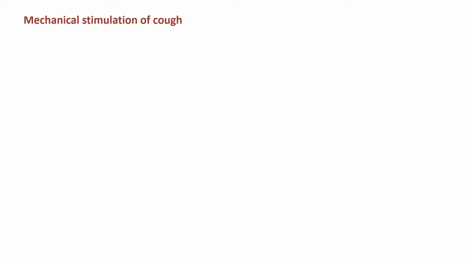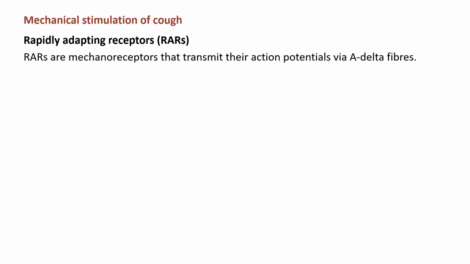So mechanical stimulation. Our biggest group of mechanoreceptors in this case are the rapidly adapting receptors, RARs. RARs are mechanoreceptors, hence they're mechanosensitive. They transmit action potentials via A delta fibers. That's really where the rapidly adapting bit comes in.